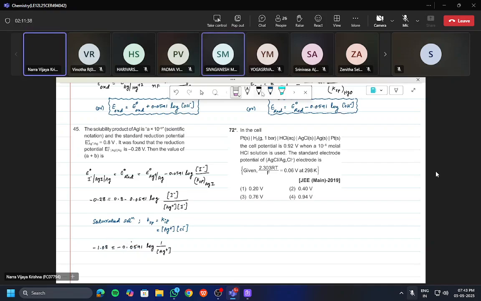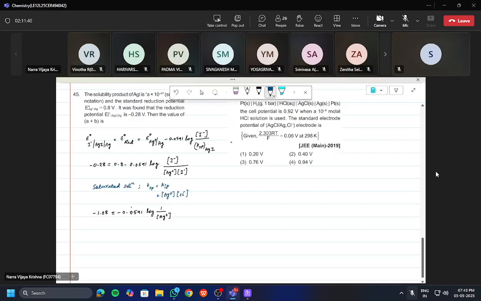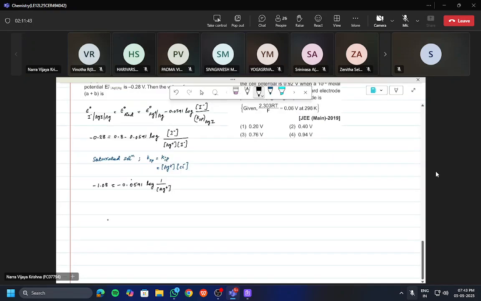So I will cancel this minus sign and minus sign. And I am writing this as concentration of Ag plus is equal to 10 power minus 0.0591 divided by 1.08. Correct, sir?